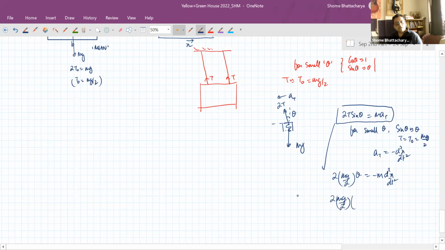We saw that x was equal to r theta, so theta becomes x by r.